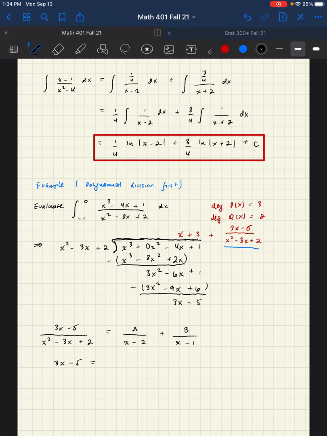So we get 3x minus 5 equals A times x minus 1, because if we multiply both sides by the least common denominator, then we'll get some nice cancellation like that. And here's a different technique that we can use, okay?